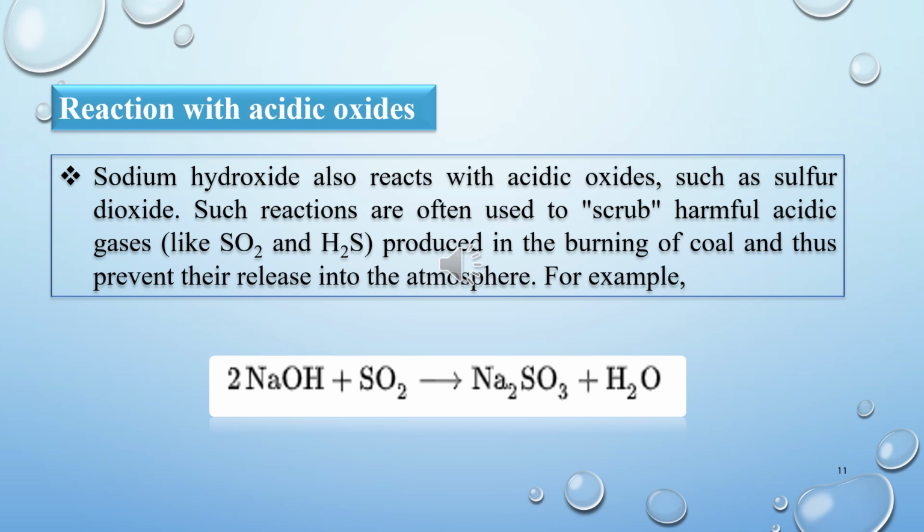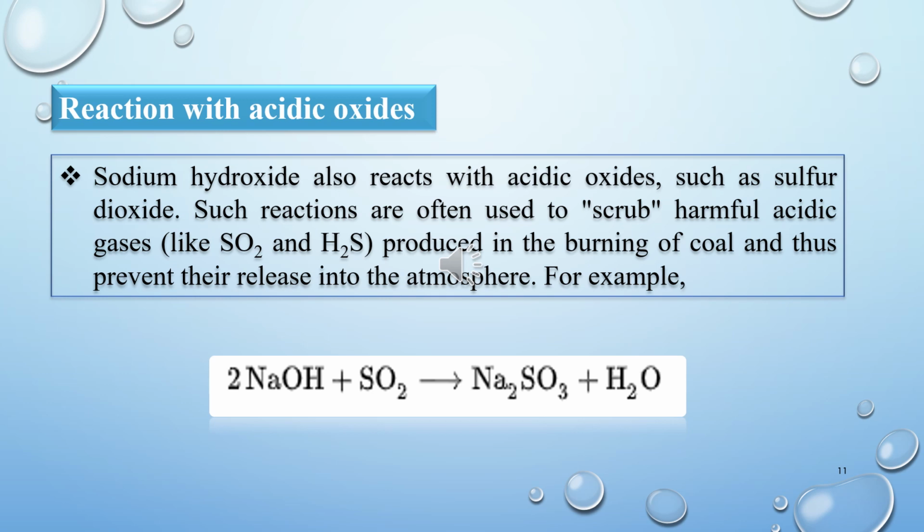What is said in this reaction is that sodium hydroxide reacts with acid oxides such as sulfur dioxide or hydrogen sulfide. This type of reaction is used to scrub the harmful acidic gases like sulfur dioxide and hydrogen sulfide. How does it remove these kinds of gases?